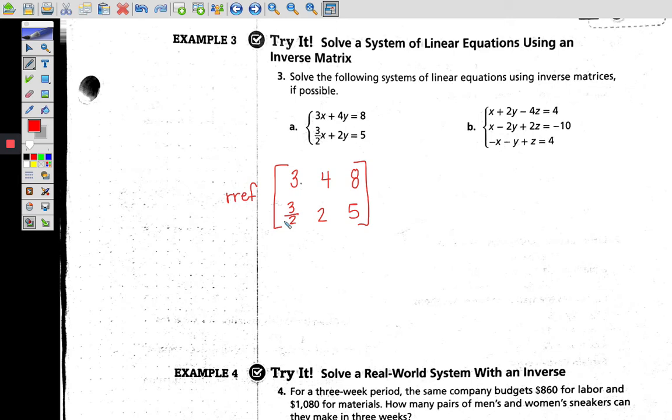I'm going to give you a second to get that put in your calculator. So that is a 2 by 3 matrix.